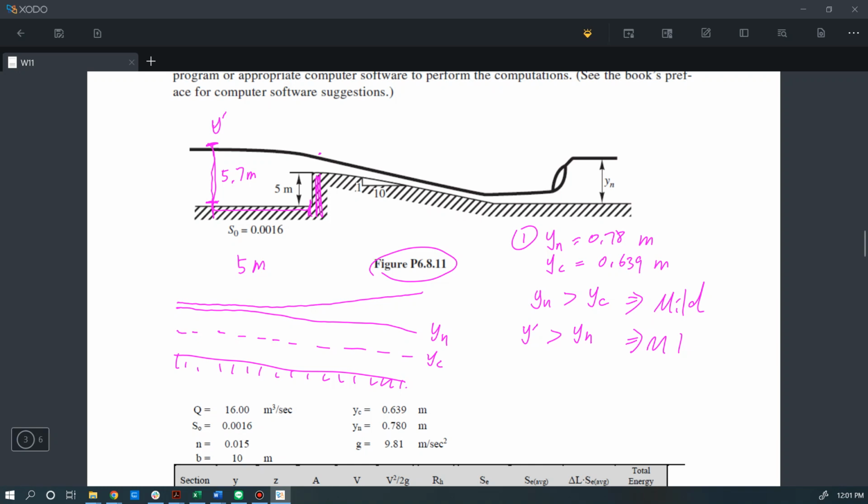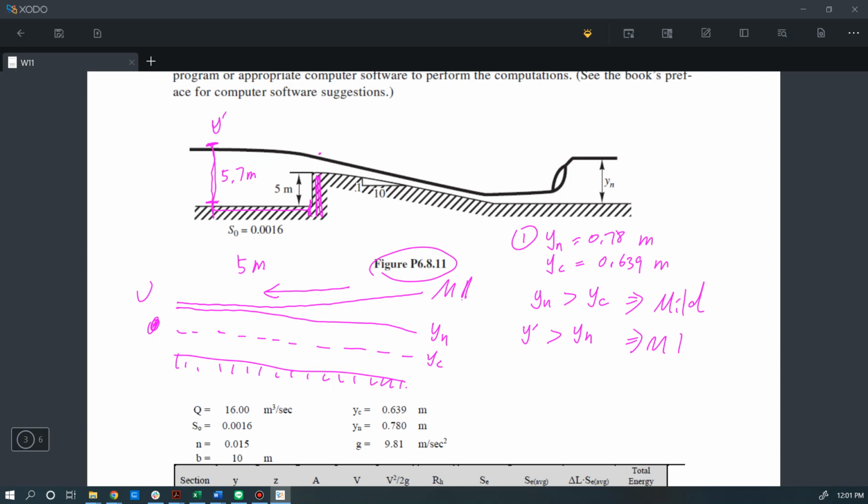This is a bit over exaggerated, but I just want to show you how this M1 curve looks like. So this is the downstream area, this is the upstream area.